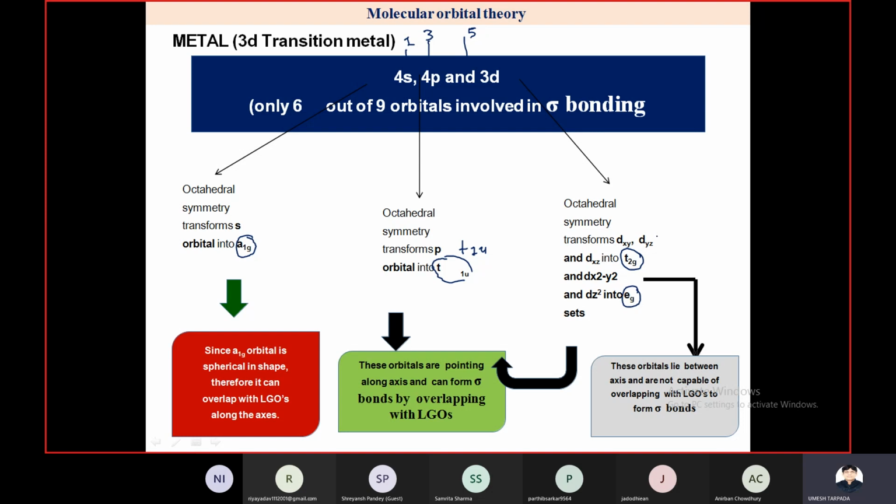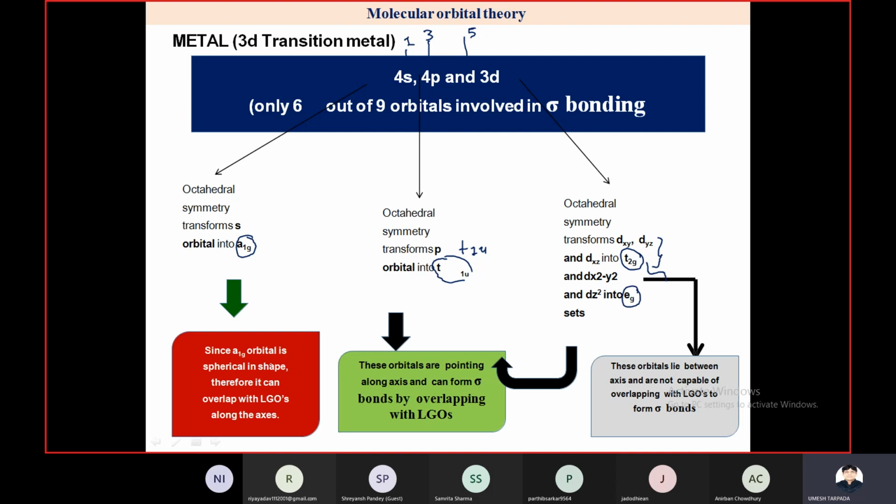This T2G set cannot form a sigma bond because they lie in between the axes. But two orbitals, dx square minus y square and dz square, lie along the axes. These orbitals are pointing along the axes and they can form a sigma bond by overlapping with the ligand group orbital.